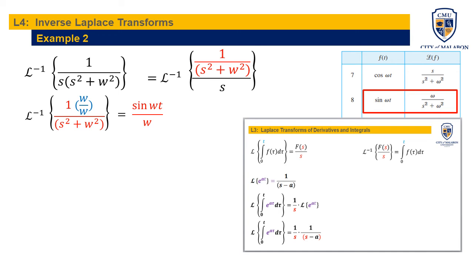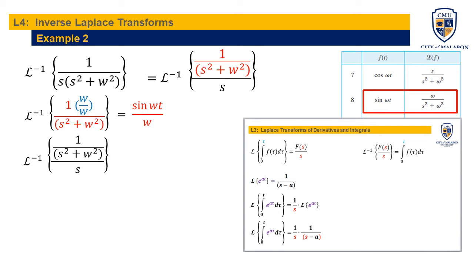So, dahil nag-introduce ako ng omega over omega sa numerator natin, masasagot na natin yung ating inverse Laplace for this particular Laplace transform using this formula na the transform of sin omega t is equal to omega all over s squared plus omega squared. Kaya lang, syempre, may maiiwan na 1 over omega, kaya nagkaroon tayo ng denominator dito. Okay? So, yan yung gagamitin natin mamaya sa pag-solve ng ating inverse Laplace transform. Hindi pa yan ang sagot.